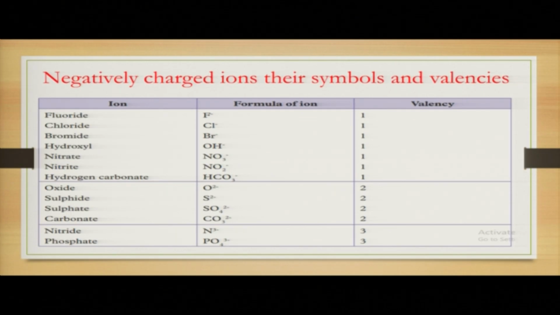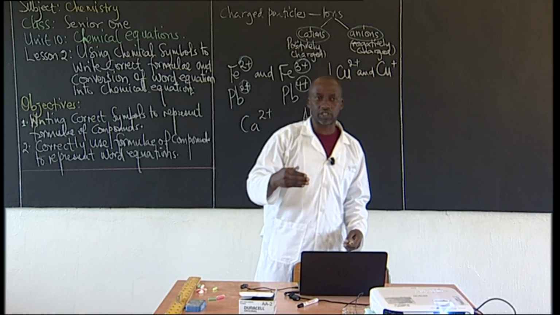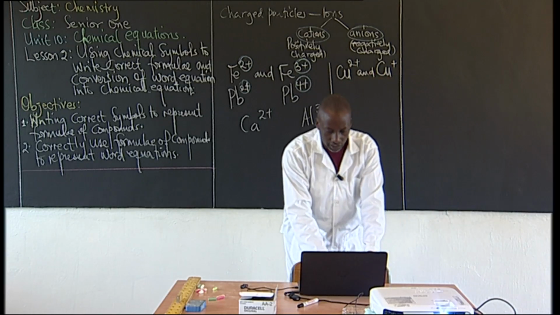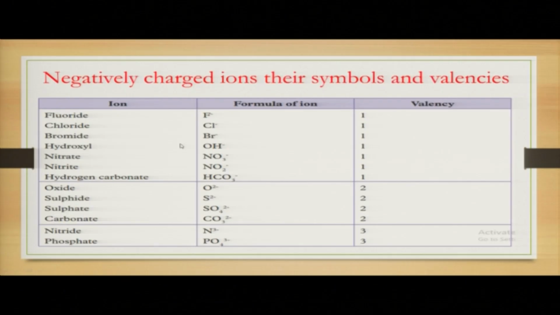Now we are looking at the anions, the negatively charged ions, with their symbols. When you look at the screen, we have fluoride, chloride, bromide, hydroxyl, nitrate, nitrite, hydrogen carbonate, oxide, sulfide, sulfate, carbonate, and so on and so forth.